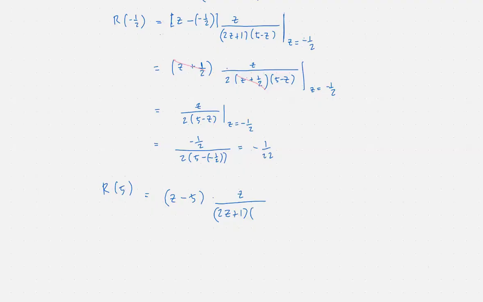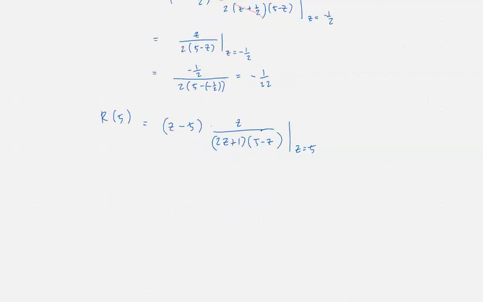Now we have to cancel this term out. If you look at the denominator, 5 minus z can be written as negative 1 times z minus 5, right? So we have 2z plus 1 times negative 1, then z minus 5, evaluated at z equals 5. So we can now cancel z minus 5.